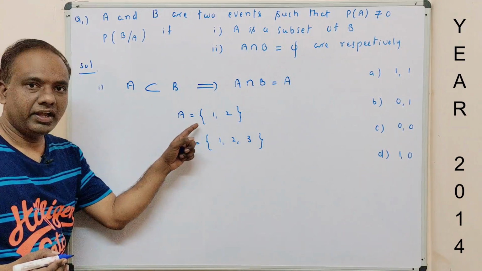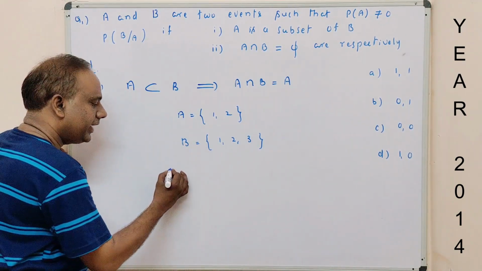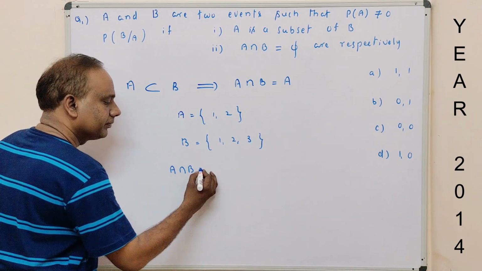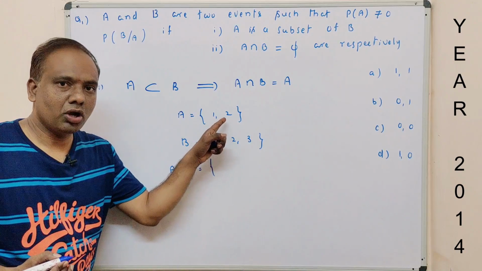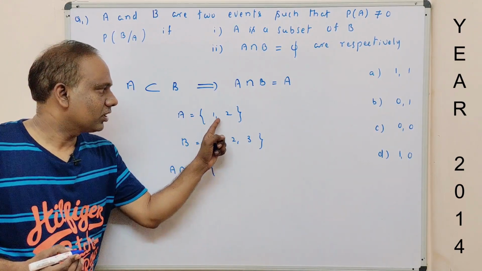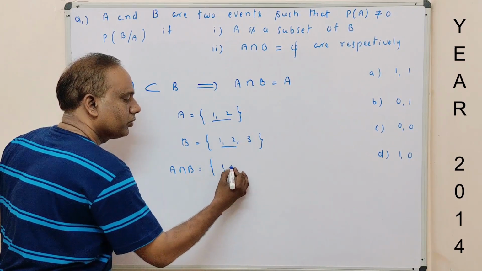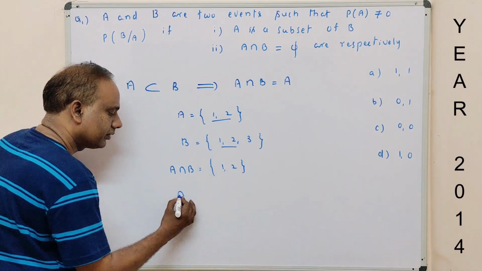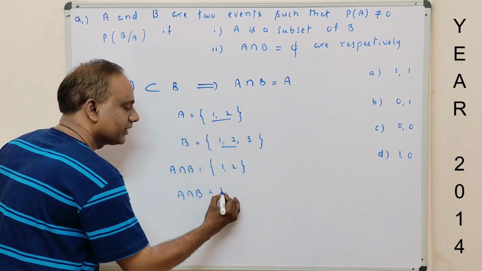Here A is a subset of B. Now A intersection B means the common elements of A and B. The common elements of A and B are 1, 2. So A intersection B is equal to {1, 2}, which is A.